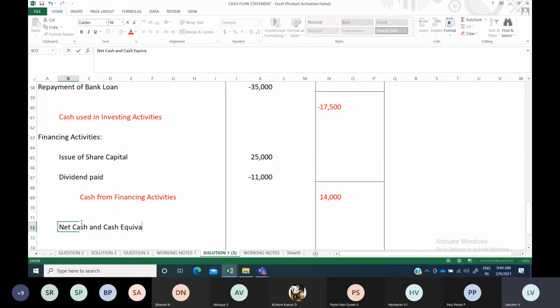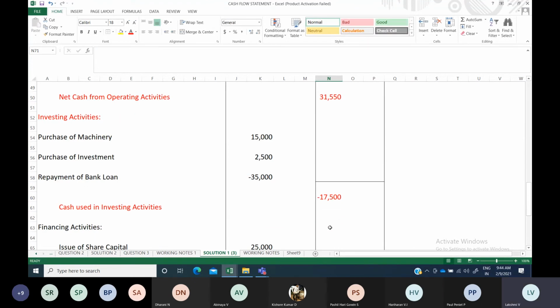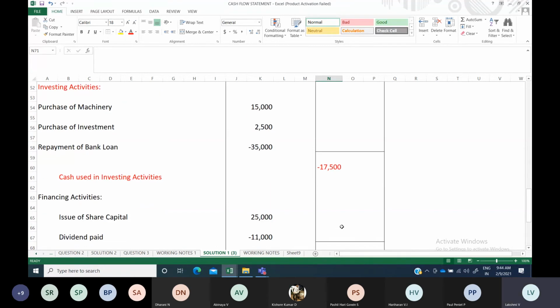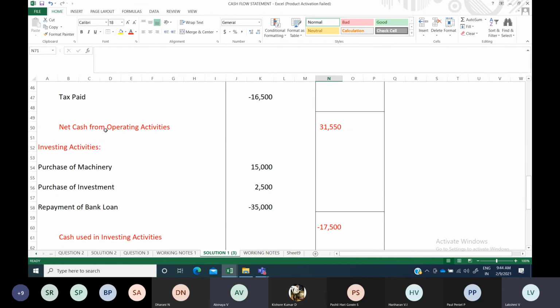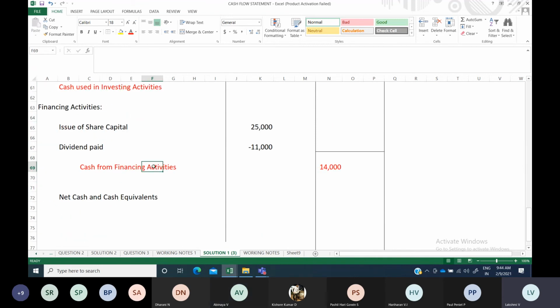Just total fast. 31,550 minus 17,500 and then 14,000. A is your operating activities, B is your investing and C is your financing.